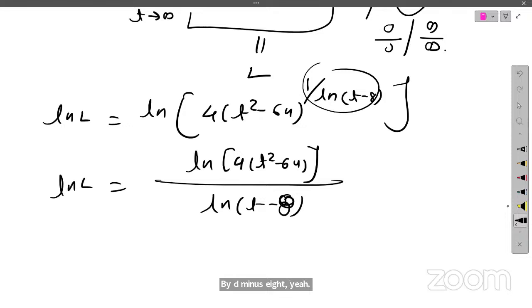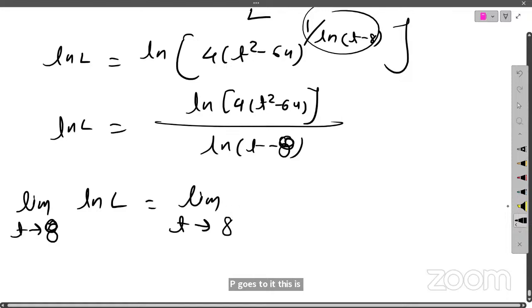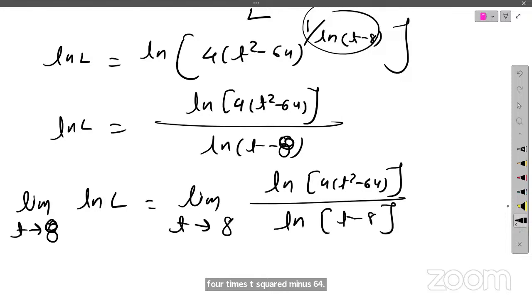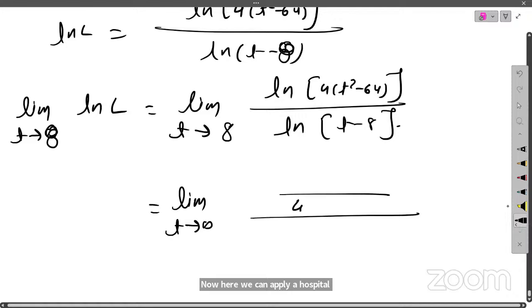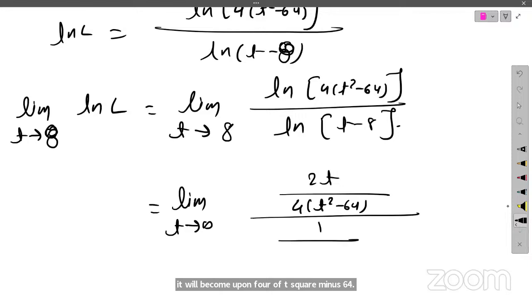Since ln is a continuous function, as t goes to 8, ln of L is actually equal to the limit as t goes to 8 of this whole thing, ln of 4 times t square minus 64 upon ln of t minus 8. Now we can apply L'Hospital rule. By L'Hospital rule, it will become 1 upon 4 times t square minus 64 into 2t, over 1 upon t minus 8. It's just the differentiation.